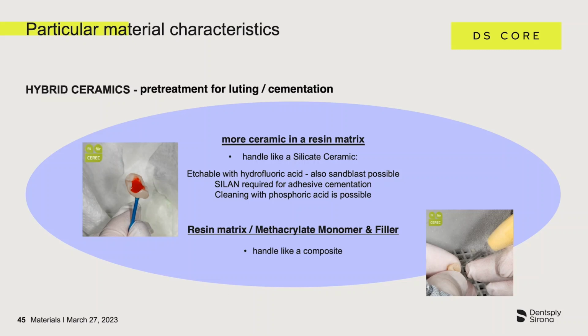If the main constituent is composite or methacrylate monomer with fillers, then this material should be treated like a composite. The surface is enlarged by sandblasting, and silane promotes chemical bonding for adhesive cementation. Cleaning with phosphoric acid is also possible.